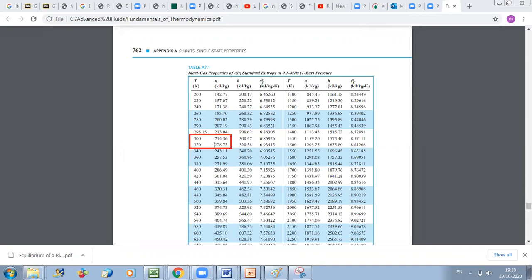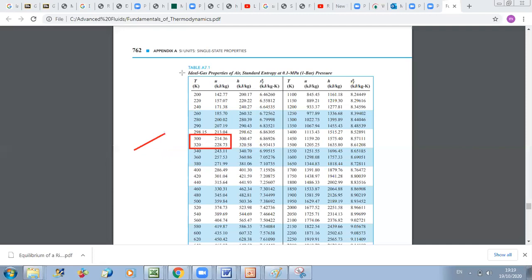What I mean by linear interpolation, I can consider that the values are on a straight line. So U is varying in a linear way with temperature in this interval.